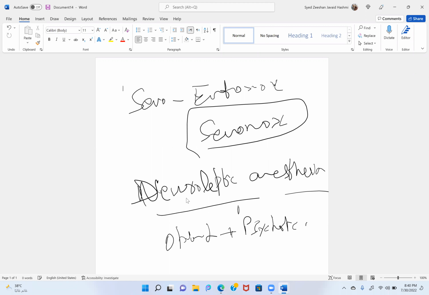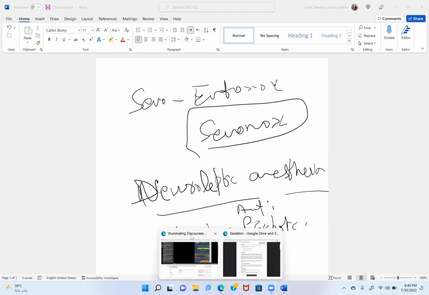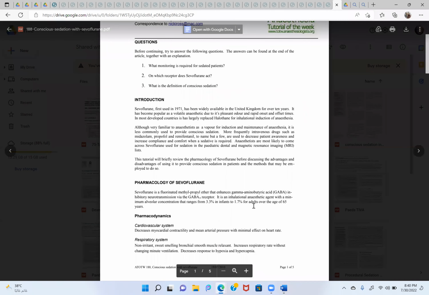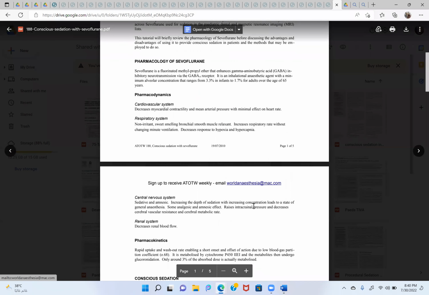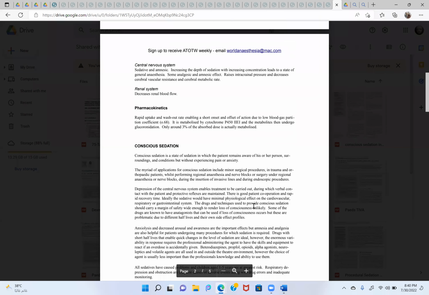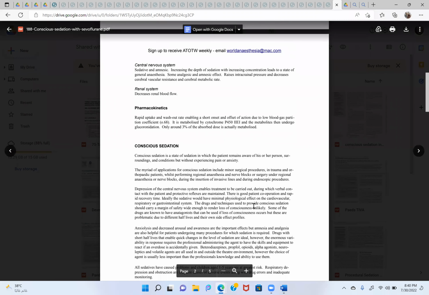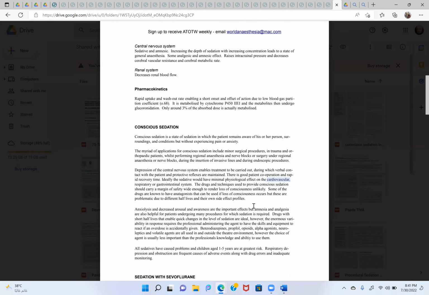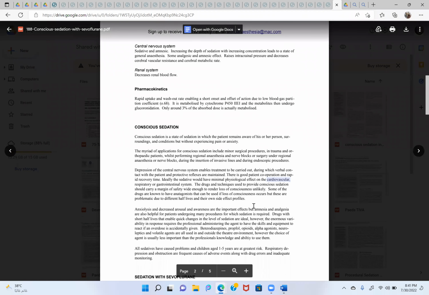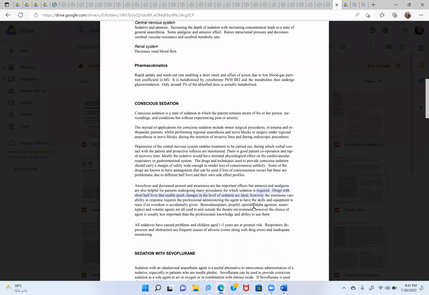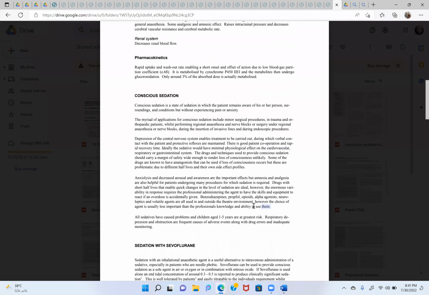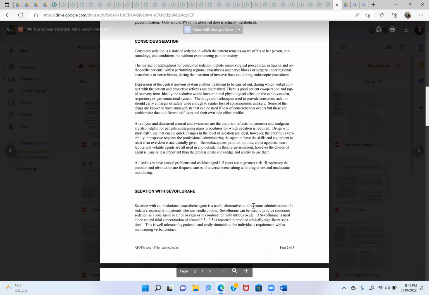The patient remains aware of his or her person, surroundings and condition, but without experiencing pain and anxiety. So they have done it with sevoflurane.